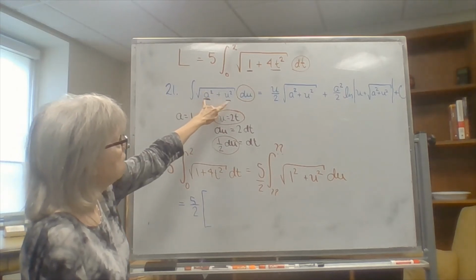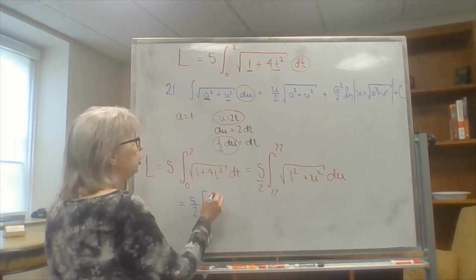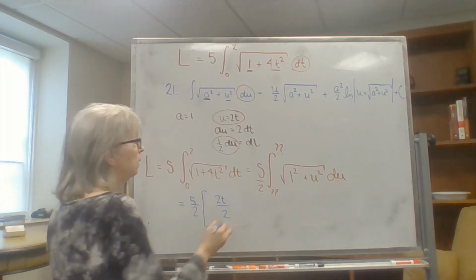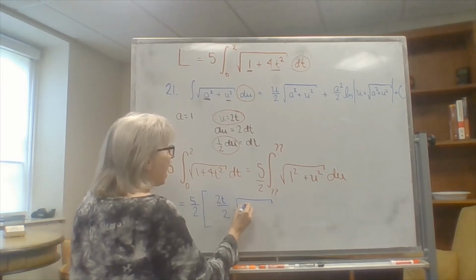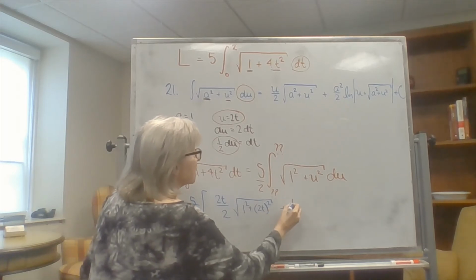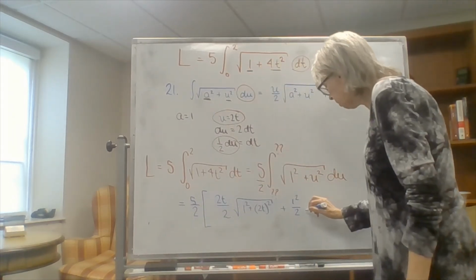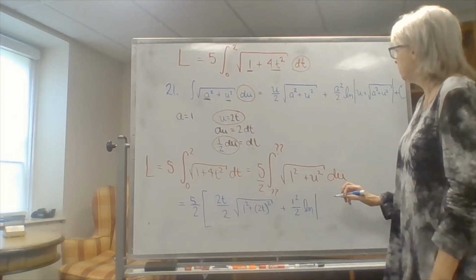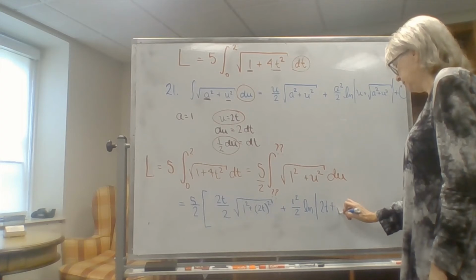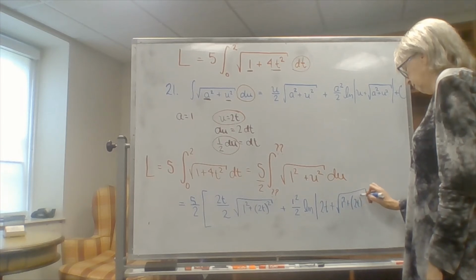The integral of square root of a squared plus u squared du is equal to u over 2 times the square root of a squared plus u squared plus a squared over 2 times the natural log of the absolute value of u plus square root of a squared plus u squared.